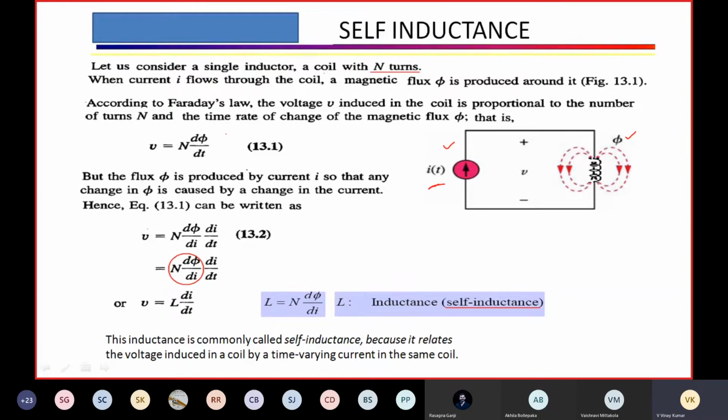According to Faraday's laws of electromagnetic induction, whenever flux linkage in the coil changes, EMF is induced. So the voltage v induced in the coil is proportional to the rate of change in flux. So v is directly proportional to dφ/dt, so v is equal to N dφ/dt.